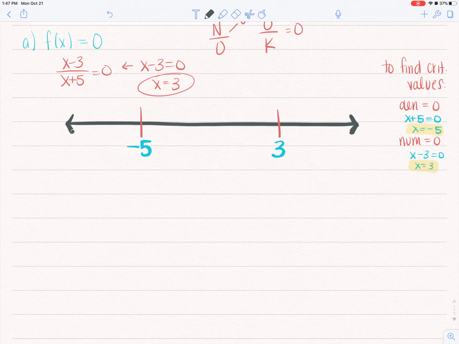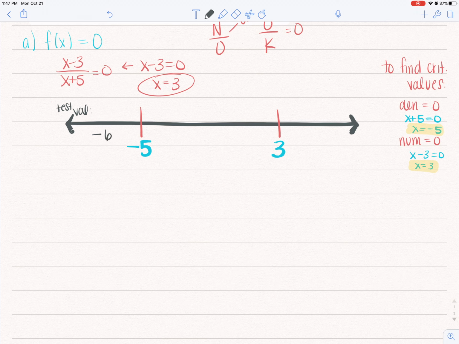Now from here, I'm going to find some test values because I want to know the signs associated with all the values in that area. So I need a number over here to the left of negative 5, meaning smaller than negative 5. I'm just going to pick negative 6.